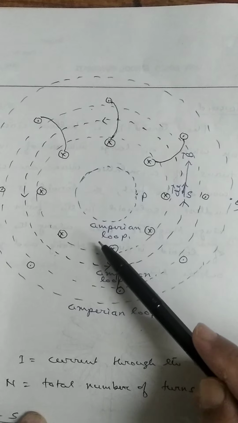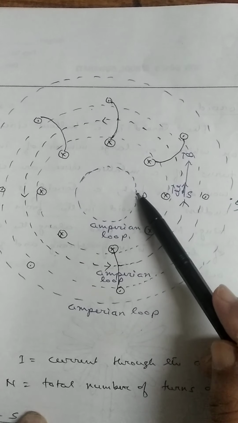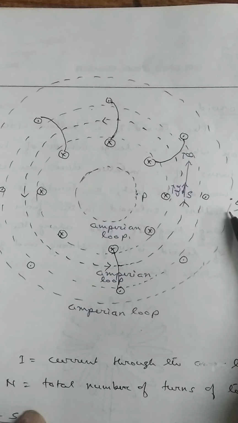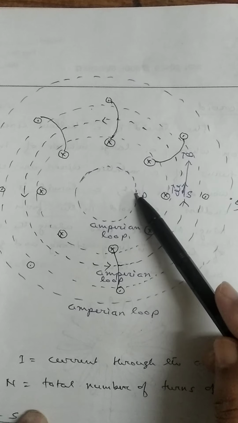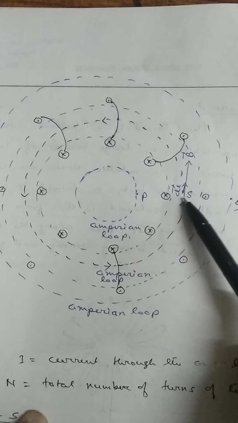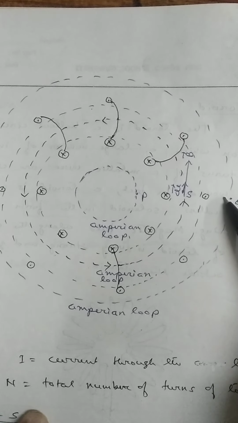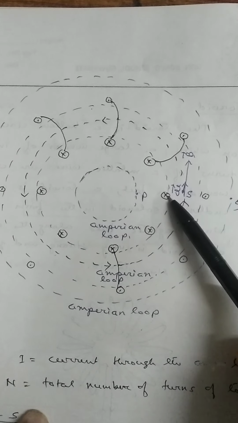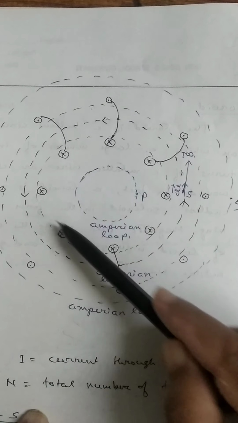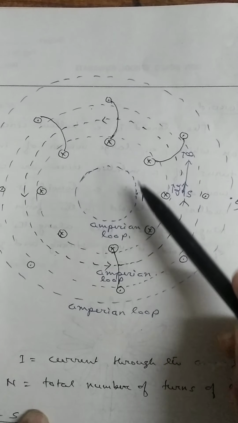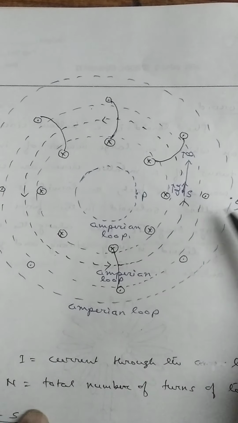Therefore, I consider 3 Amperian loops: at the point P, at the point S, and at the point Q. The point S is along the axis of the toroid, point P is in the central part of the toroid, and point Q is outside the toroid.